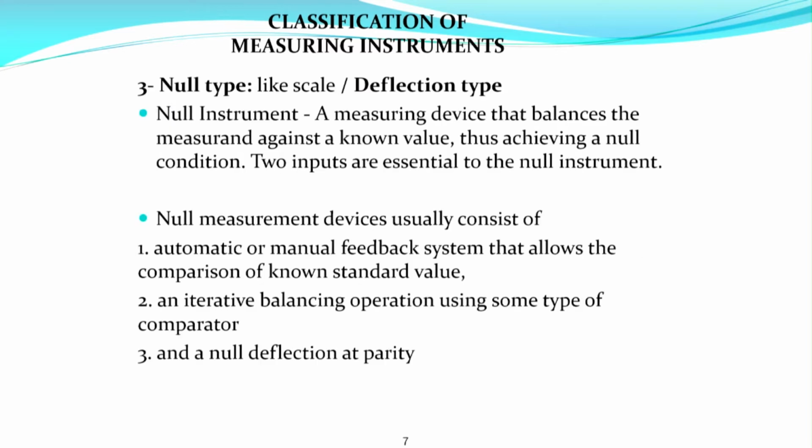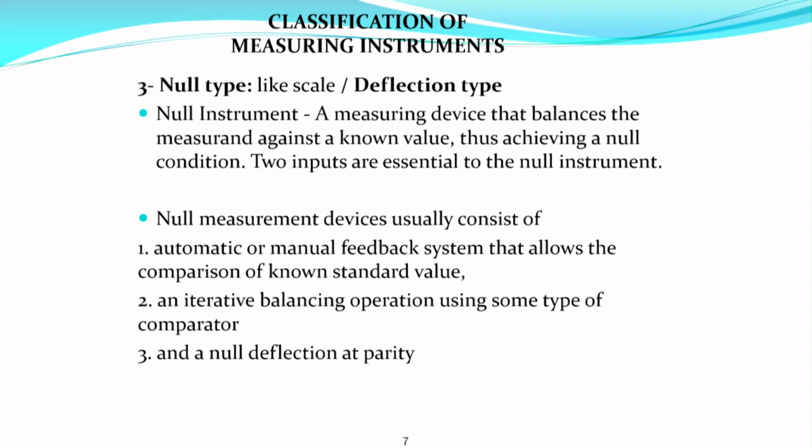The third type of these devices: null type, and the opposite type, deflection type. Null type, like scale. A null measurement instrument is a measuring device that balances the measurement against a known value, thus achieving a null condition. Two inputs are essential to the null instrument.